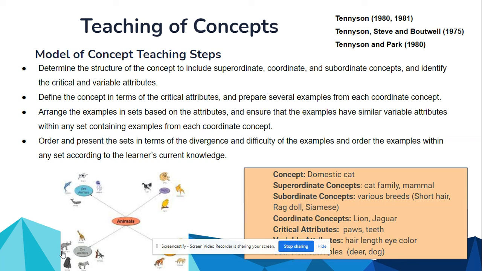Next, define the concept in terms of critical attributes and prepare several examples from each coordinate concept. Third, arrange the examples in sets based on the attributes and ensure that the examples have similar variable attributes within any set containing examples from each coordinate concept.